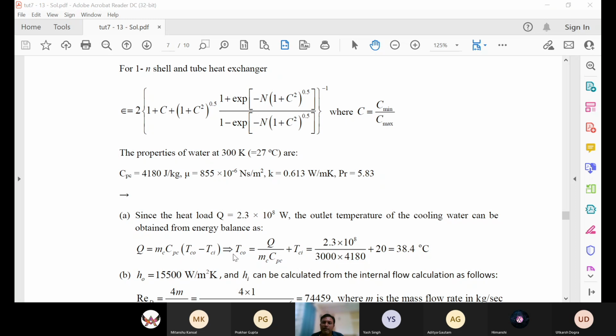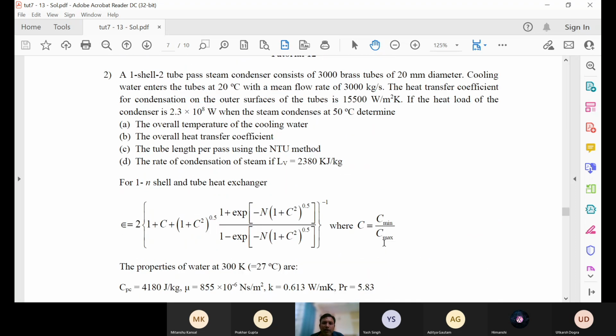Am I audible? Okay, all right. Is this file visible to everyone which I am showing? Yes, sir. So this Q value is given, and from this the outlet temperature of the cooling water we can calculate, that is 38.4 degrees Celsius.